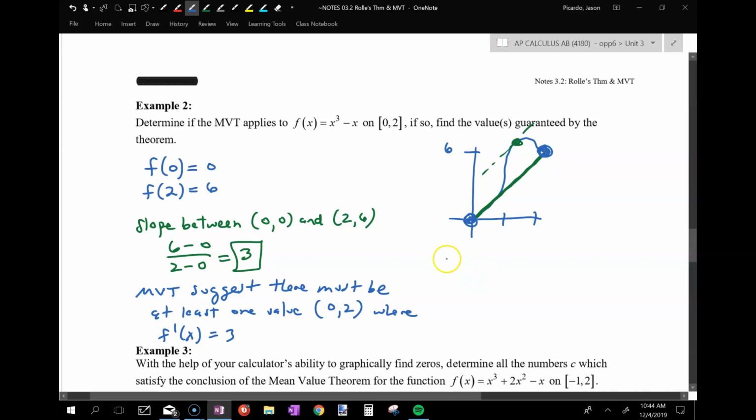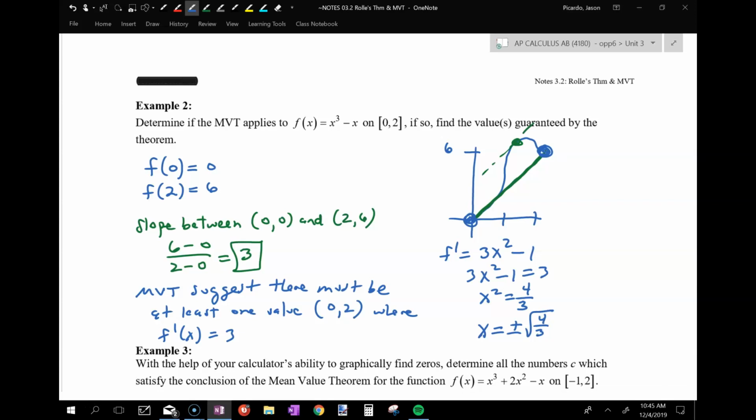All right, so let's take our derivative. And what I'm saying is that there's got to be a value where it equals 3. Add 1, divide by 3. And I get the positive and negative square root of 4/3.